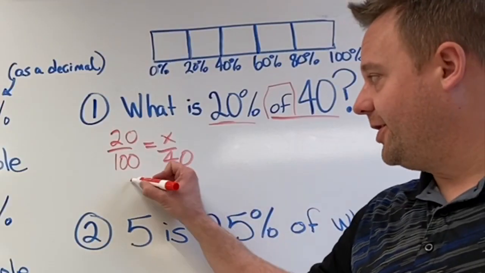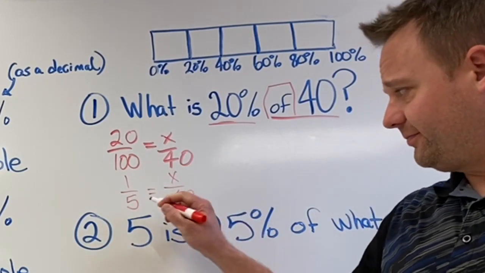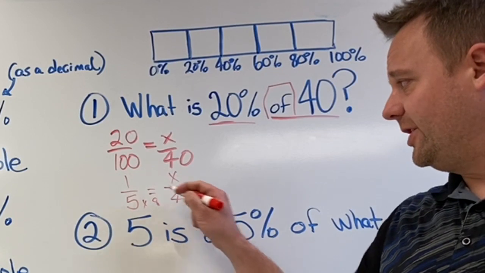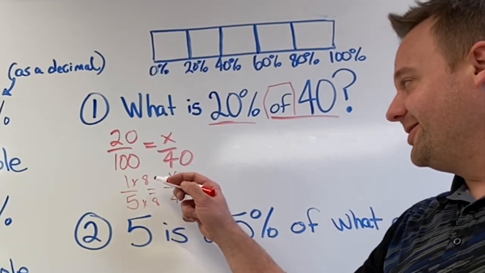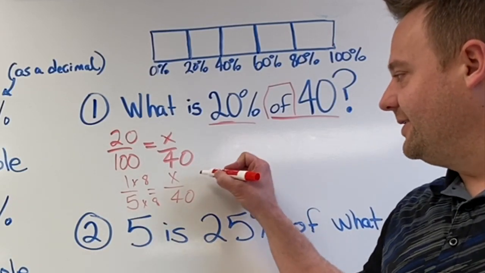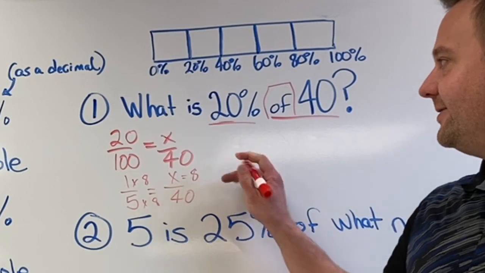Well, 20 over 100 equals 1/5, and 1/5 equals x out of 40. 5 times 8 is 40, and 1 times 8, because whatever you do to the denominator you have to do to the numerator, equals 8. So the missing part is 8.